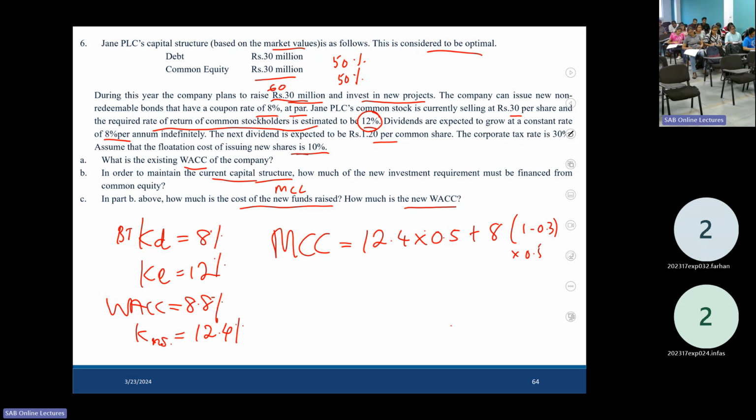Here you have to use the new cost of the new stock issue, 12.4. Only that changed here. Debt capital 8%, same. So therefore you have to take this here. The MCC is how much?